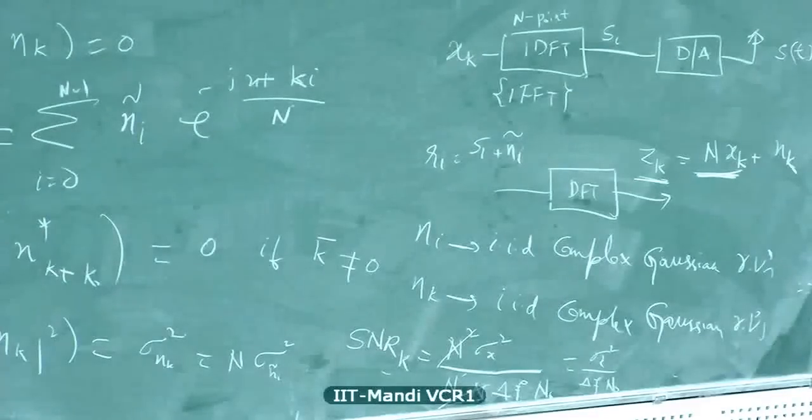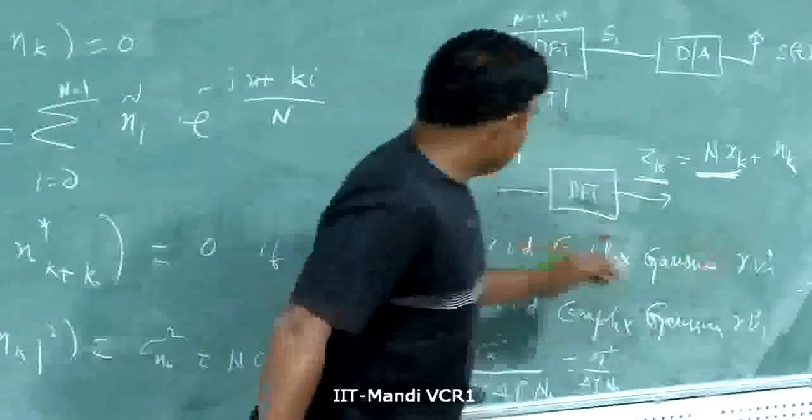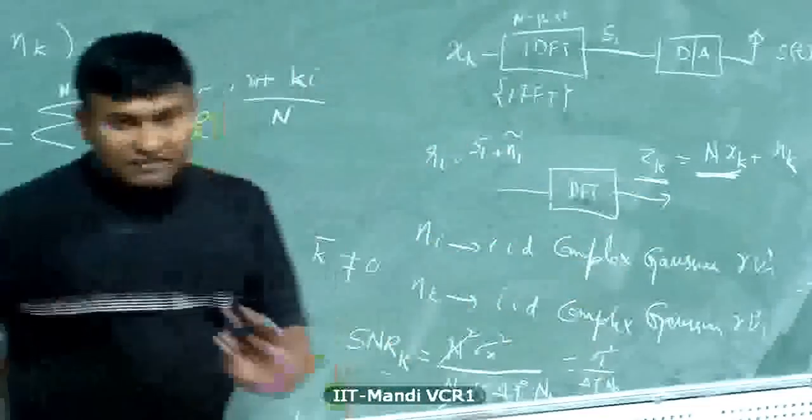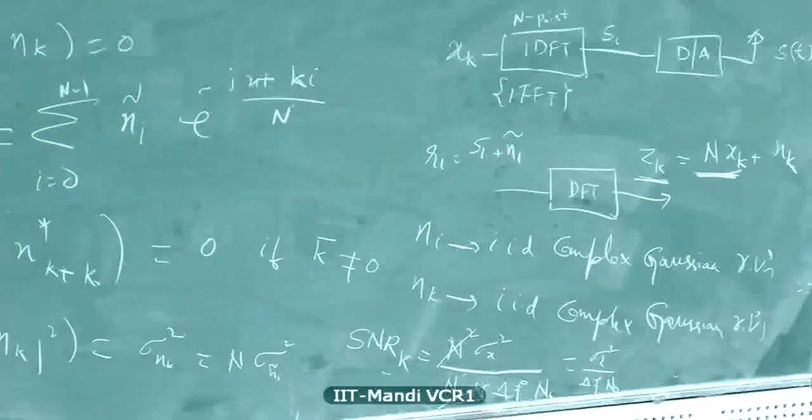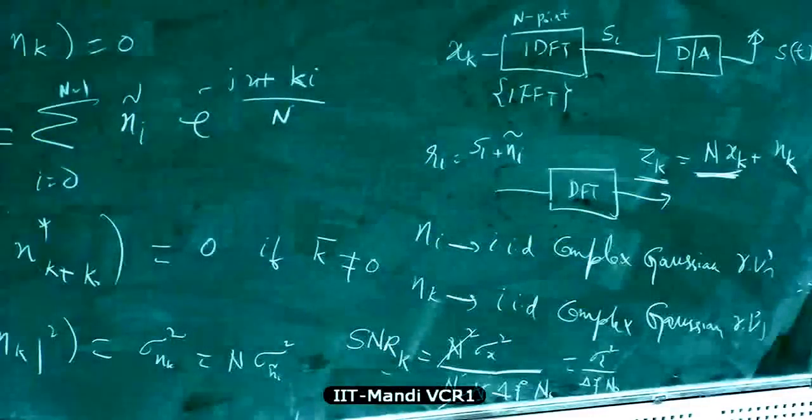The only step that I have not clarified here is the variance of N of K when it goes through the DFT. I leave it as an exercise for you. The problem is formulated, you work it out yourself. It is just 3 or 4 steps. You write down the equations, N of K is given, you just plug it in and show it yourself. That's not too difficult.